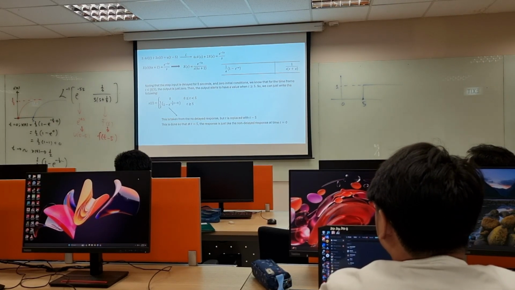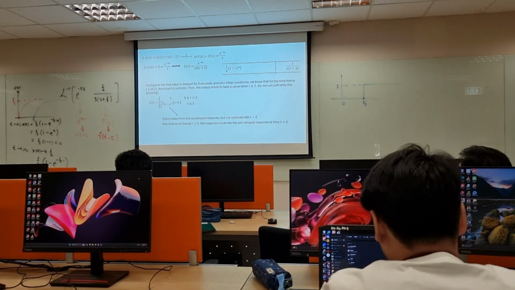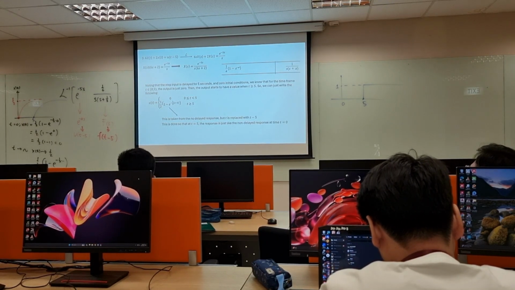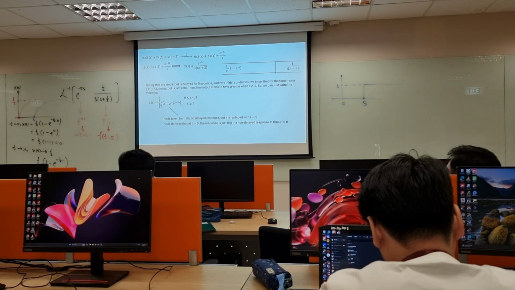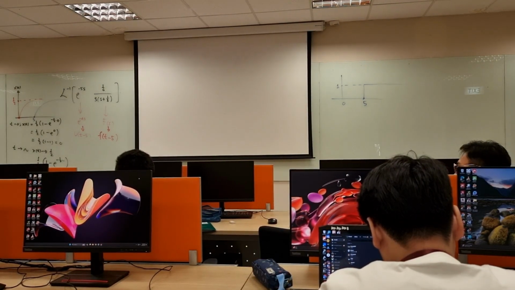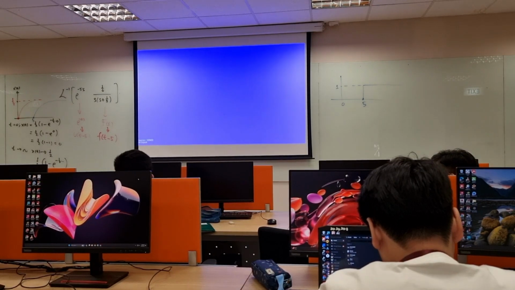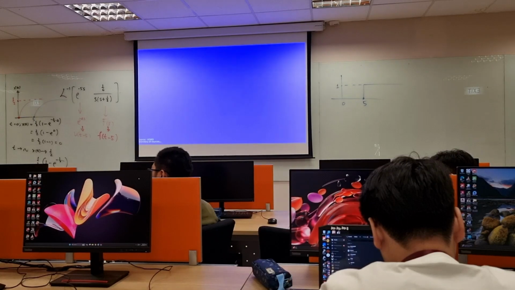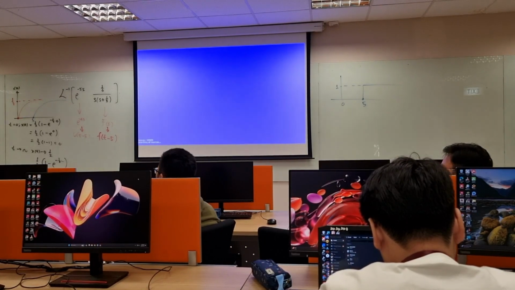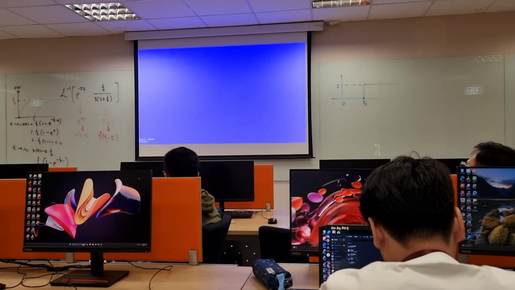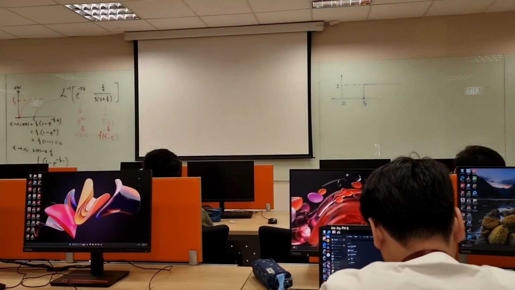Anything you want to confirm? Okay. Before we go into the convolution integral, if you have any question you want to confirm.